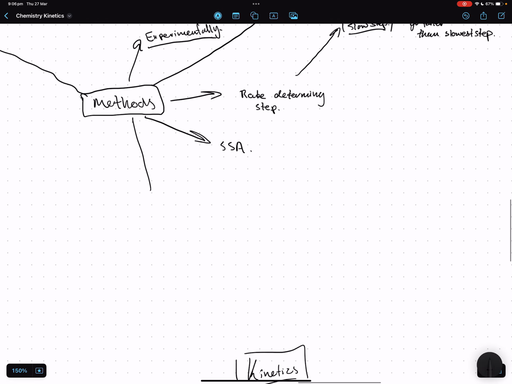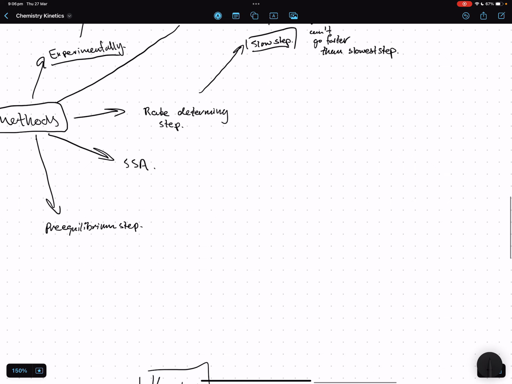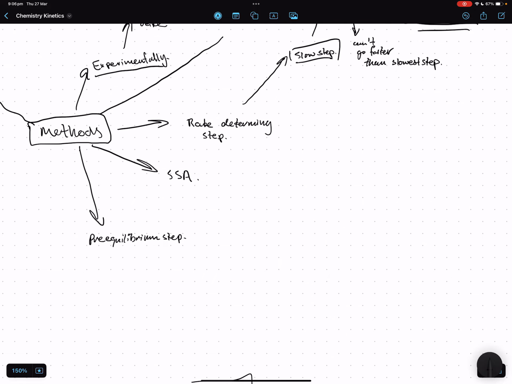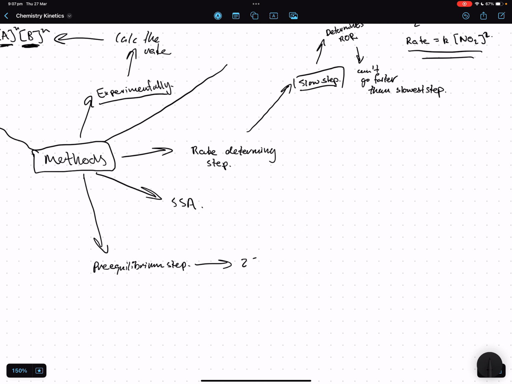So SSA, and then we have as well the pre-equilibrium step. So let's say you have two elementary steps: an equilibrium plus a reaction that goes to completion.